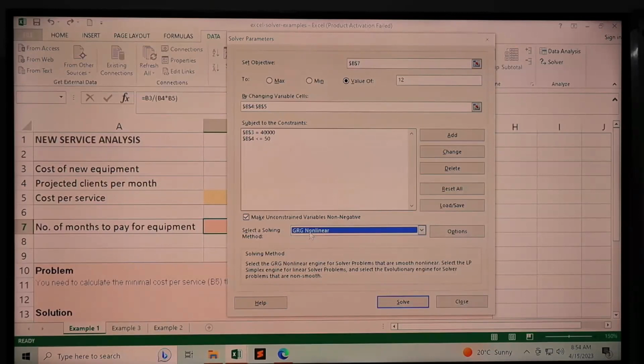The one we have selected is called the general non-linear.